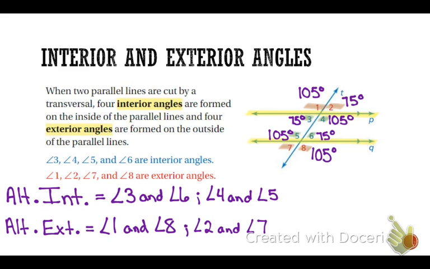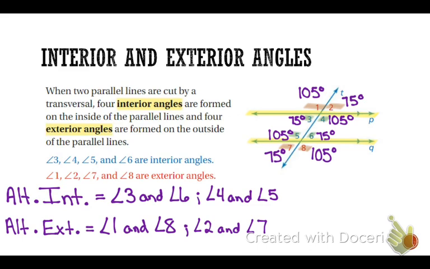What else? 1 corresponds with 6, supplementary to 4, supplementary to 1. Corresponds with 7. 7 corresponds with 3. Correct. So now I jump down to 7, alternate exterior to 2. Angle 7 is vertical to 6. You see, guys, there are multiple reasons why an angle measure is the measure that it is.